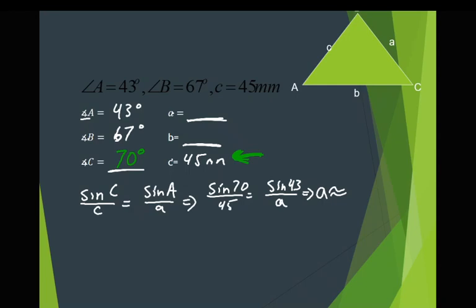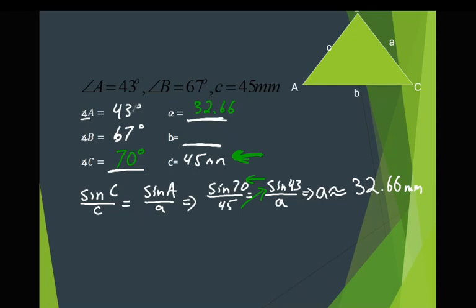Okay, so basically it's going to be 45 times the sine of 43 divided by the sine of 70, which is approximately 32.66 millimeters. Okay, so again, when you cross multiply, it's going to be this times that divided by that. Okay? So there's side A. So side A is 32.66.